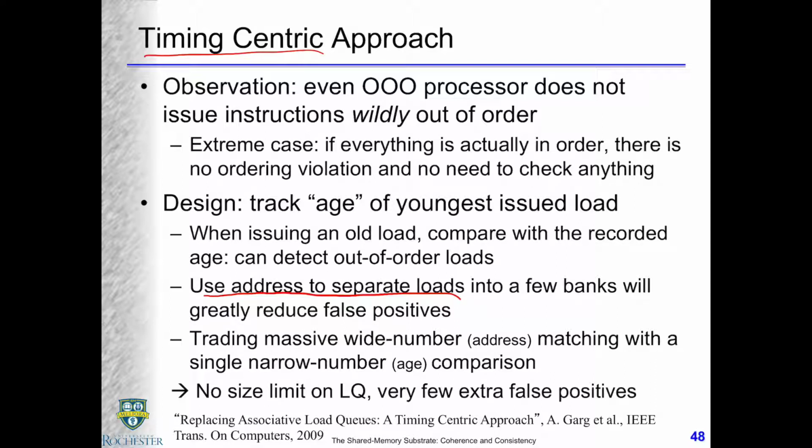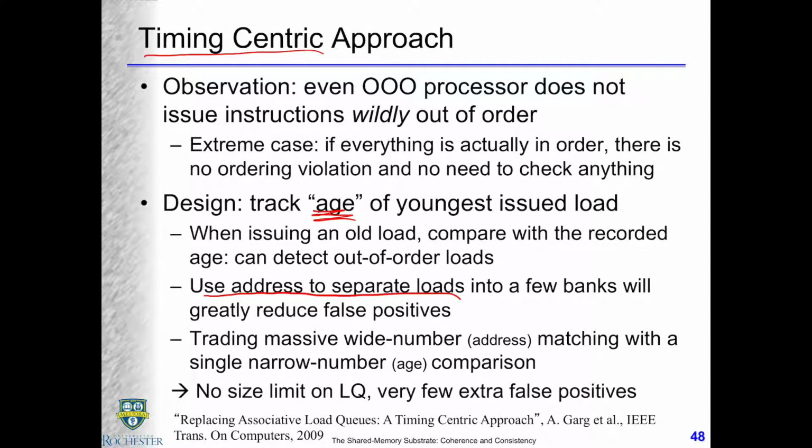So that's what we're trying to do. We divide the address into a couple of banks. The degenerate case is globally just one bank, but if you have a couple of banks, then you monitor the memory accesses within those banks, and all you're trying to do is to compare age.